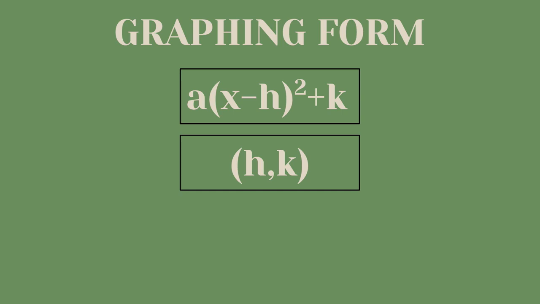And for parabolas, the locator point is the vertex. So when an equation is in graphing form, all you have to do is really look at the h and the k value, and you can easily figure out the vertex, instead of going from x-intercepts, finding the midpoint, then taking the midpoint and plugging it back into the equation and solving for y. So graphing form is a lot easier when it comes to finding the vertex.